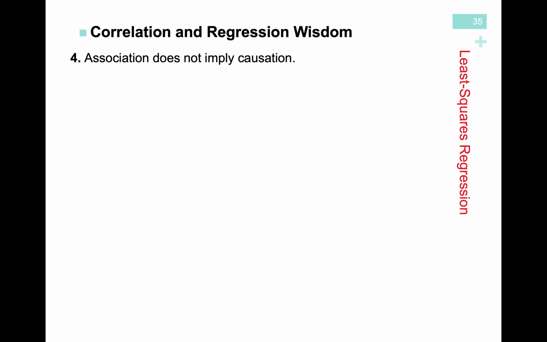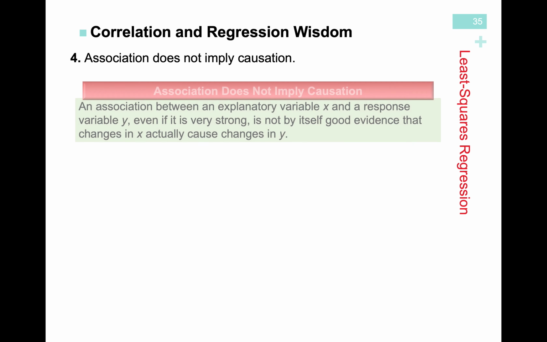It could be that we mix up which one causes which. So just because two things are associated does not imply one causes the other. An association between an explanatory variable x and a response variable y, even if it is very strong, is not by itself good evidence that changes in x actually cause change in y.